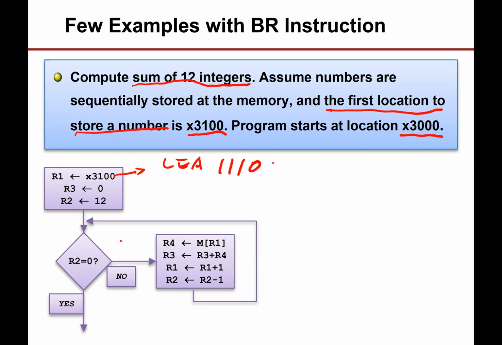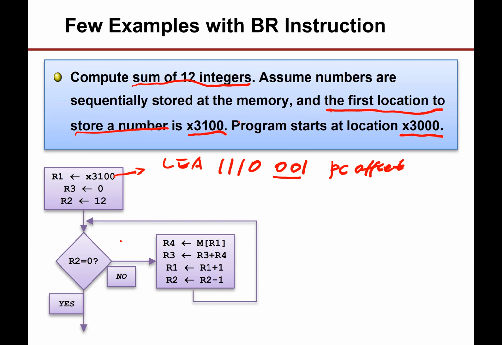So the destination is R1, meaning 001, right? And then this is the PC offset. For this case, we know the current PC and the memory location you want to reach, X3100.